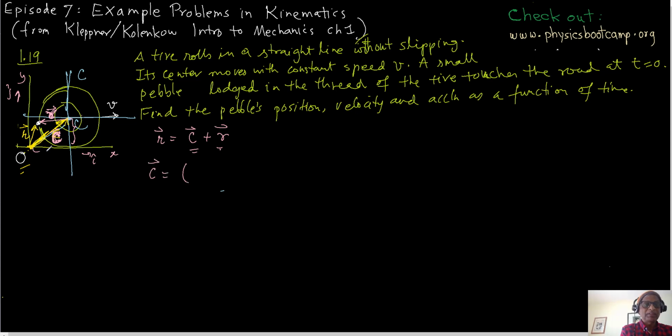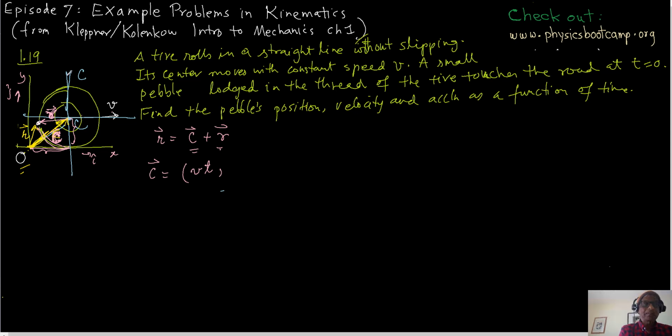Its x-coordinate is how far it has gone, is when the pebble was touching over here, so this much is the same as that much distance, and so that's just v times t. That's how far it has gone in the x-axis.